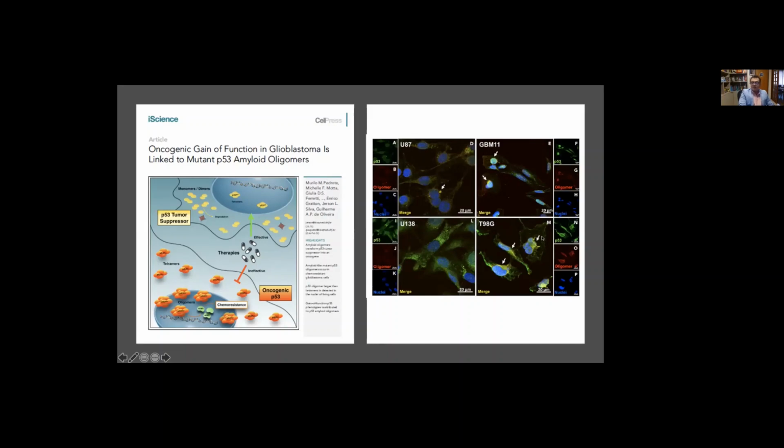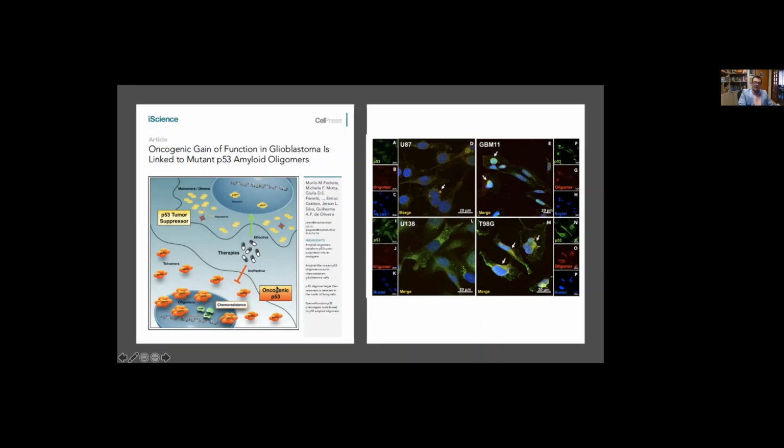In this case we have a cell line that has a mutation, M237I. When you compare with wild type, we have much more signal of the amyloid oligomer.